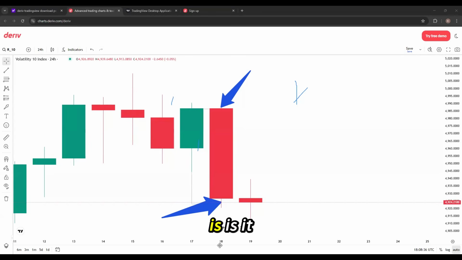So my question is, is it advisable to open your trade on a lower time frame, maybe 1 minute or 5 minutes, and mark your TP from a much bigger time frame, probably a 4-hour or even a day? Yes, it's very advisable.